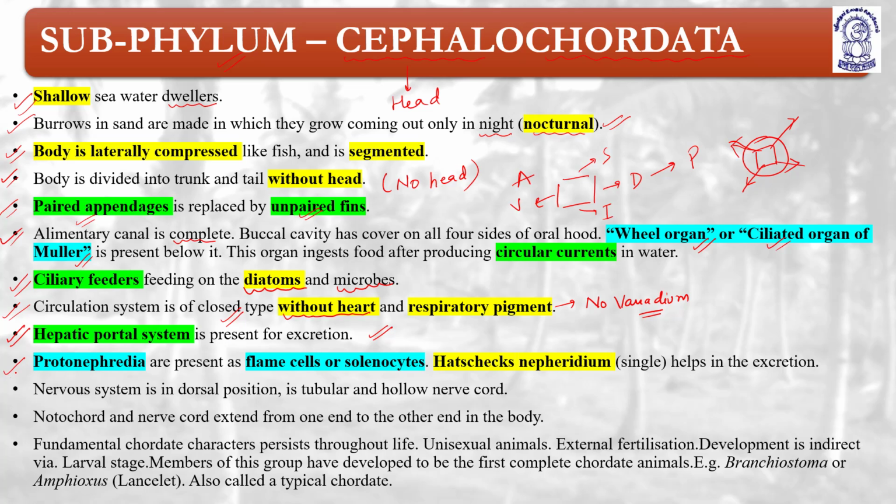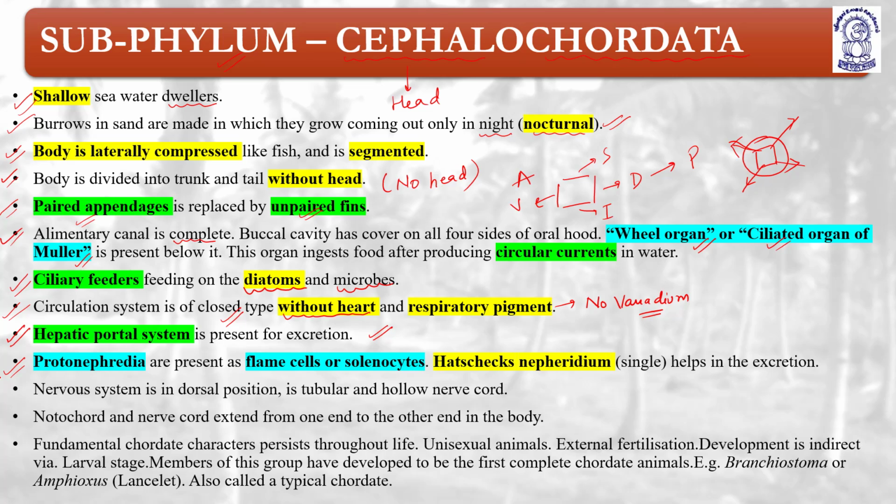Then protonephridia. In the case of Urochordata or Tunicata, they had the supraneural gland for excretion.